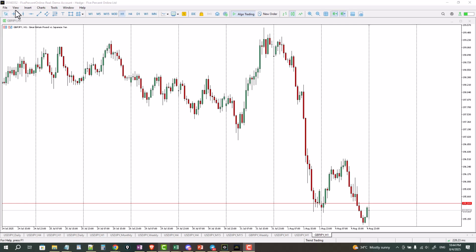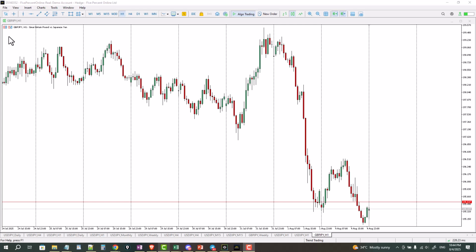So first things first, before you can learn to use the RSI indicator, you obviously need to learn how to add it to your charts and how to read it, okay?